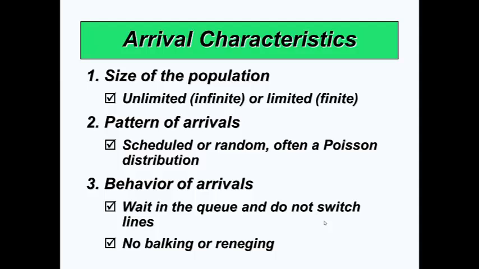Why? Because one line is moving slower, either because of the service or because of the customer. You don't want any of these three behaviors to manifest if possible. No balking, no reneging, no jockeying. But you have to first understand what motivates a customer to engage in these behaviors so that you can avoid them if possible in your waiting line system.